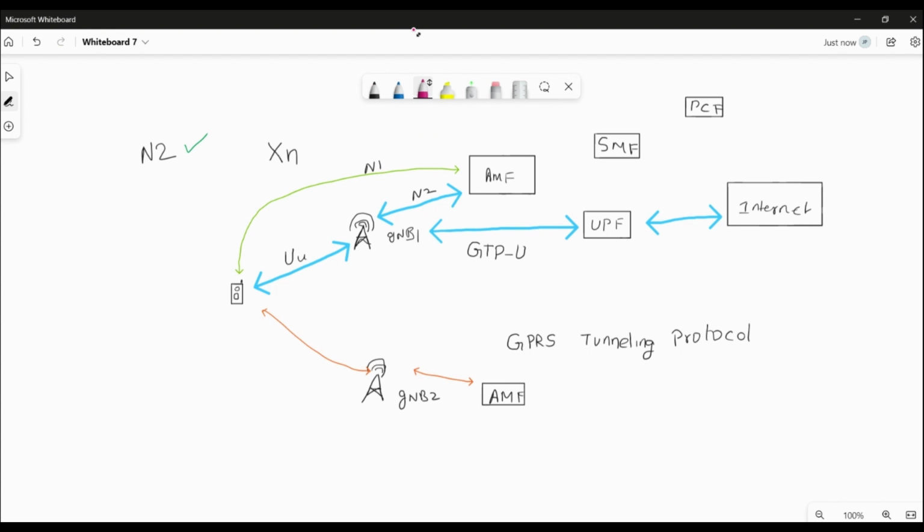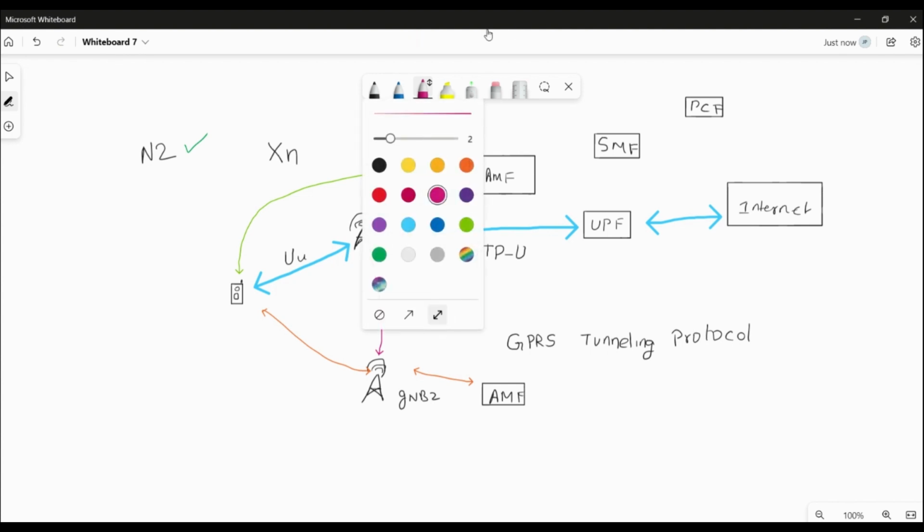There is some exchange of information between these two, and this procedure is called handover.